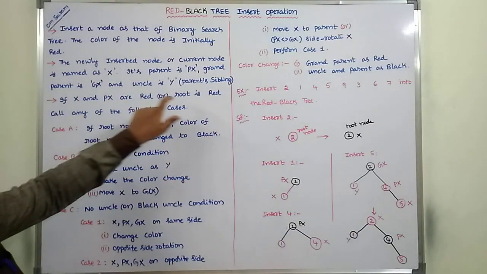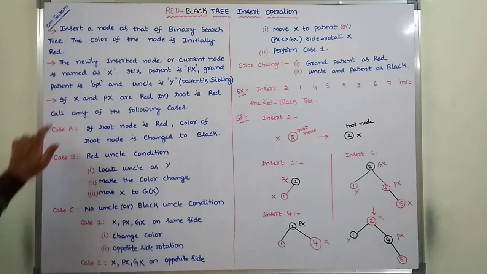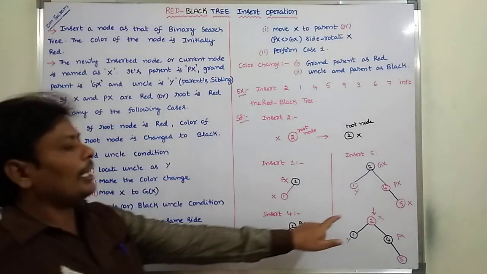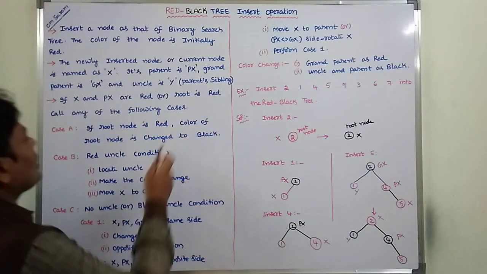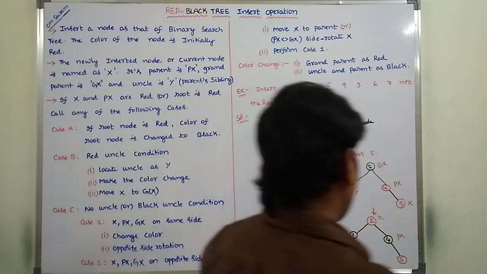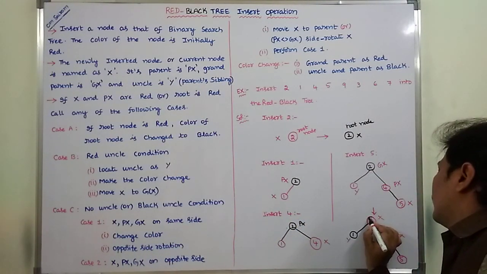So this is false, this is true. False or true is nothing but true. Then call any of the following cases. First one, if the root node is red. Here the root node is red, so the color of the root node is changed to black. So now the color of the root node is changed to black.